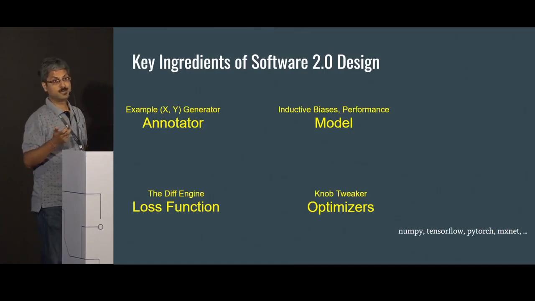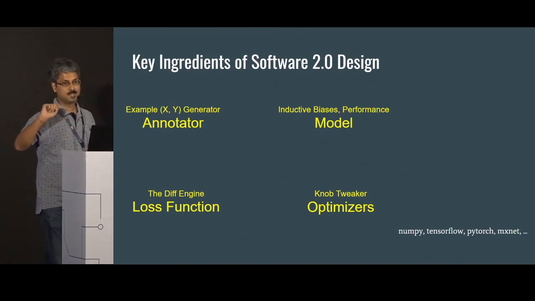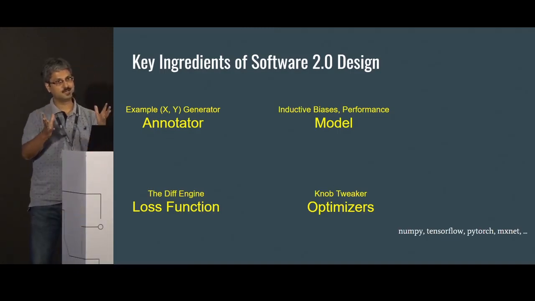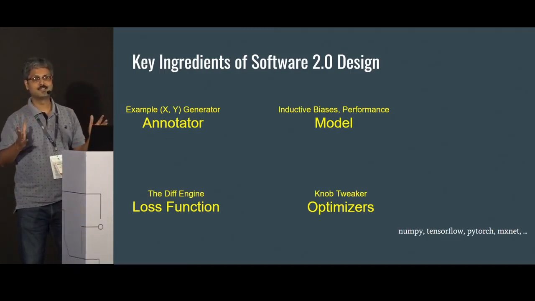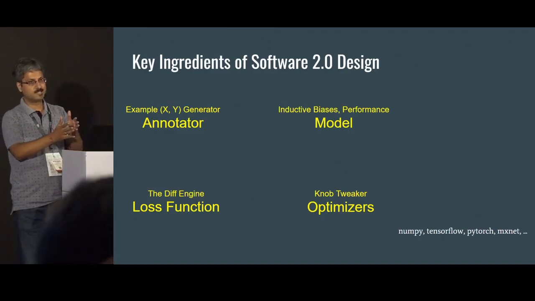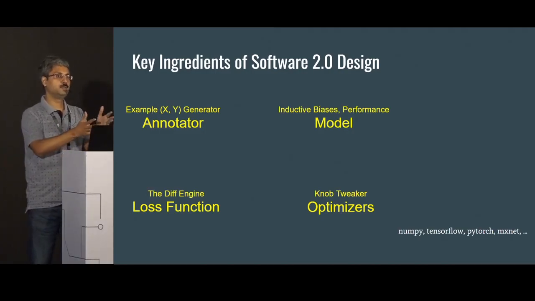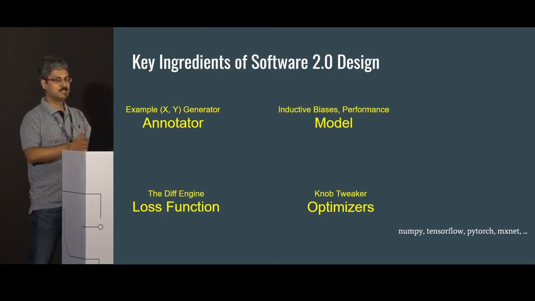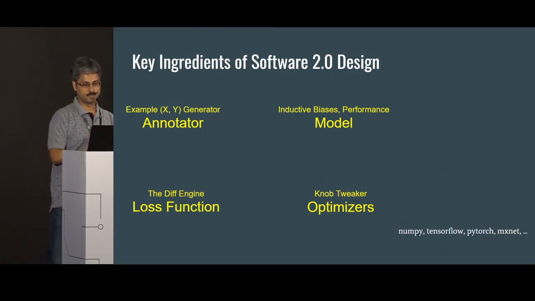Then there are optimizers which turn the knobs, and then there's this diff engine, the loss function. Each of these entities are verticals in themselves, and surprisingly, a few years back, very few people in the world cared about these things. But now, in the 2.0 world, you have to know each of these entities very closely.